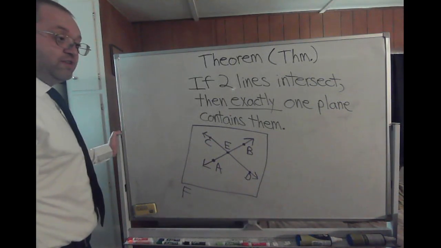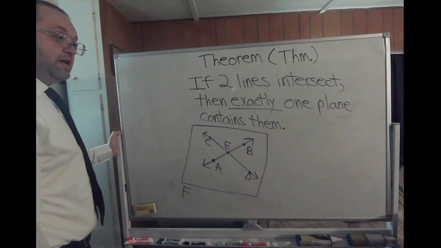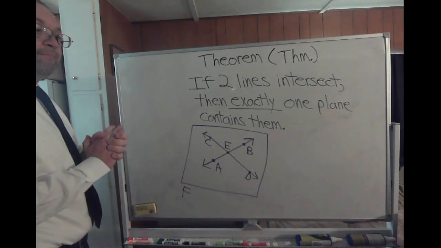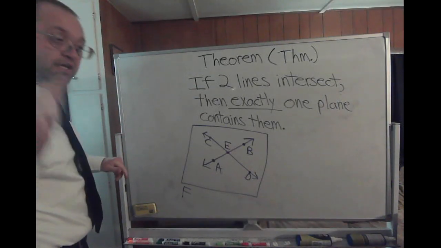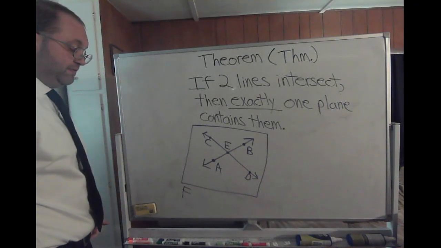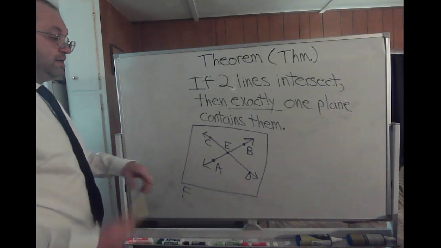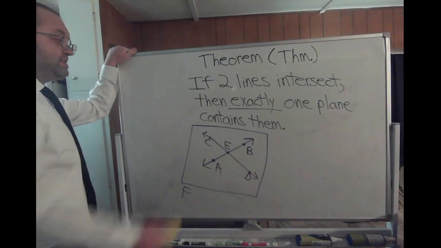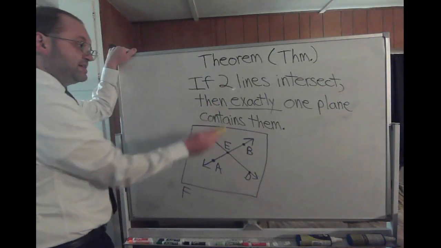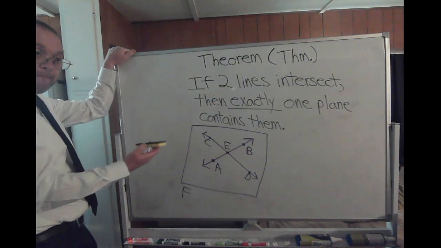And the definition of a plane is that it contains at least 2 points all on one line and at least another point not on the same line. So that's actually kind of intuitive. So this is a picture proof here that if two lines intersect, then exactly one plane contains them.